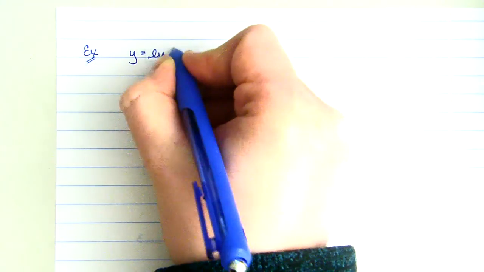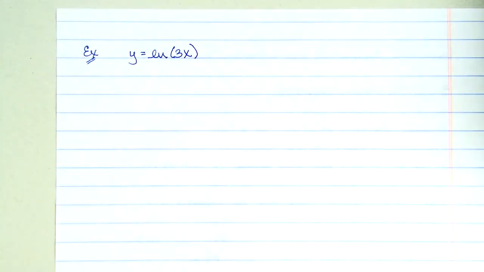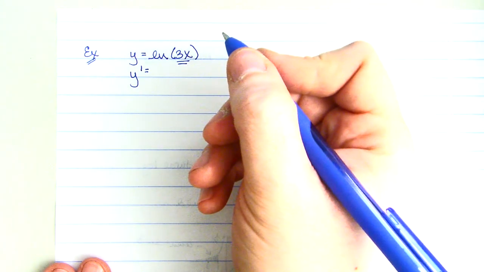First one. Let's say y equals the natural log of 3x. What rule are we going to have to use to deal with this? I hope you said chain rule because there's something inside my function. I'm also hoping this stuff's coming back to you because I know it's been a little while.